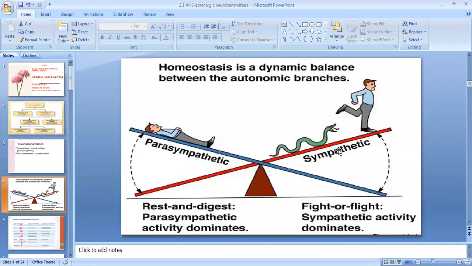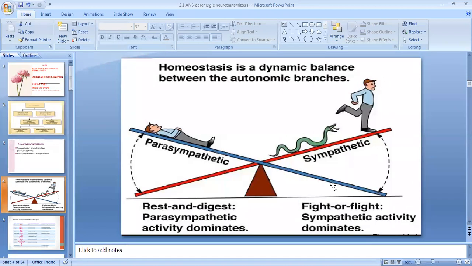Now what happened? When the snake is going to catch or bite this person, he is going to run away to protect himself from the snake.